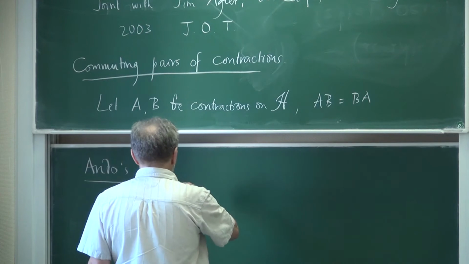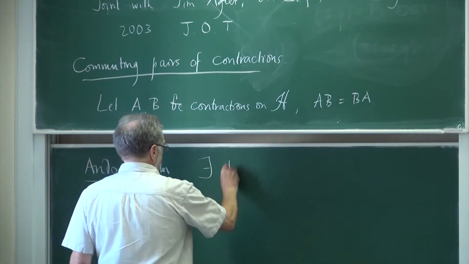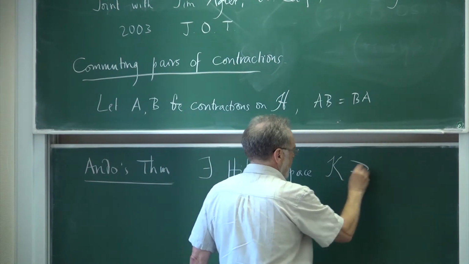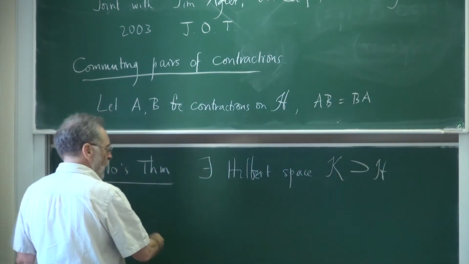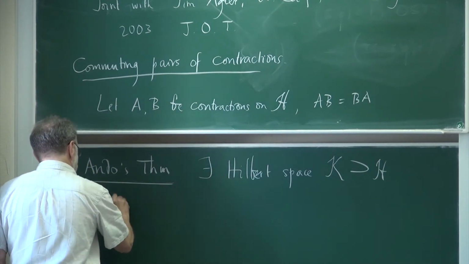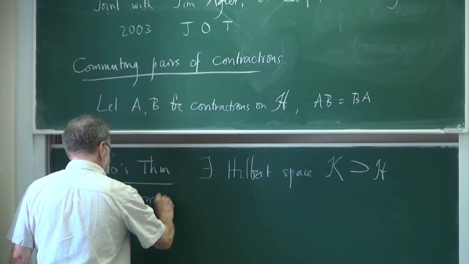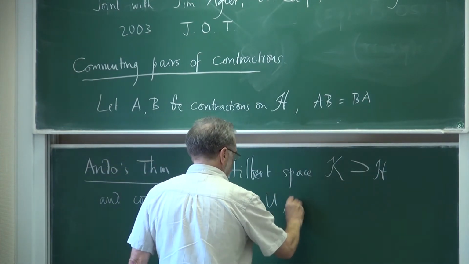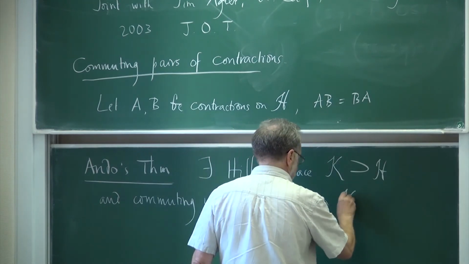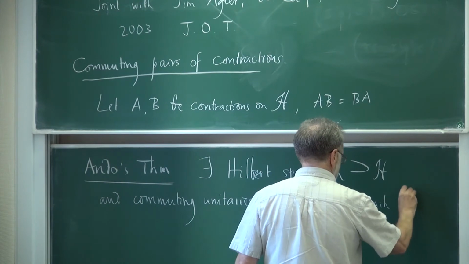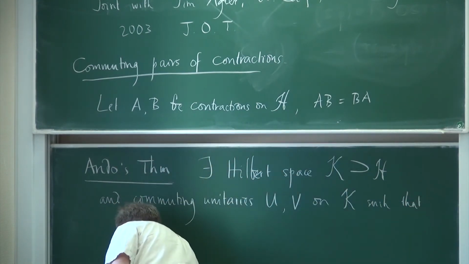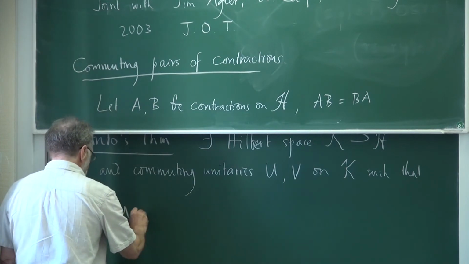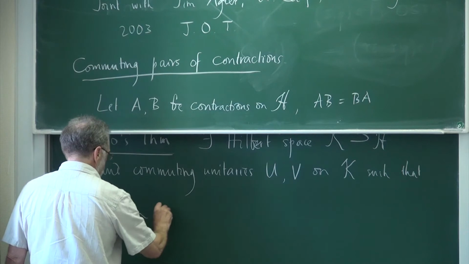So let me just explain what that means. There exists a Hilbert space K, which contains H, and commuting unitaries U and V on K such that with respect to a suitable orthogonal decomposition of K, U can be written by an operator matrix like this.